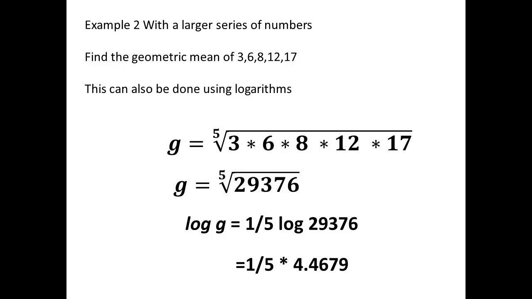This becomes 1/5 multiplied by 4.4679, which equals 0.89359. Now we need the antilog of this number, which gives us an answer of 7.827.